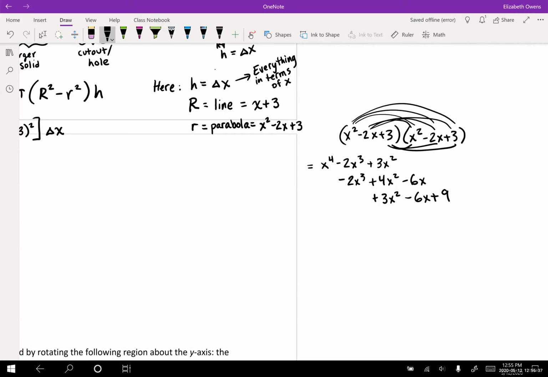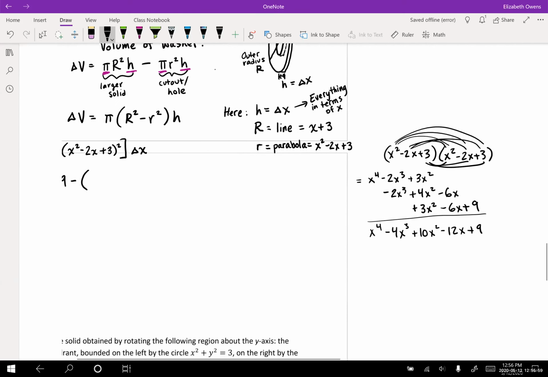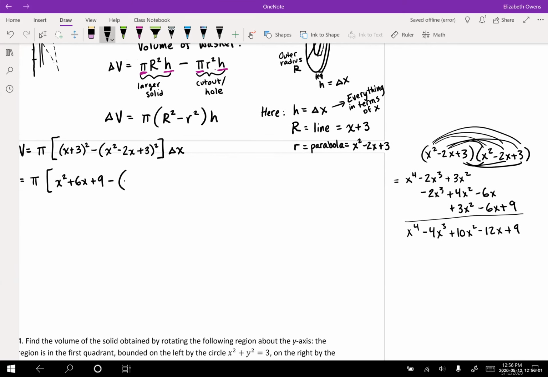So you'd square it out like that, and then combine all the like terms. x to the fourth minus 4x cubed, 3 plus 4 plus 3 gives us 10x squared, minus 12x plus 9. So that is what we're going to be subtracting here: x to the fourth minus 4x cubed plus 10x squared minus 12x plus 9.